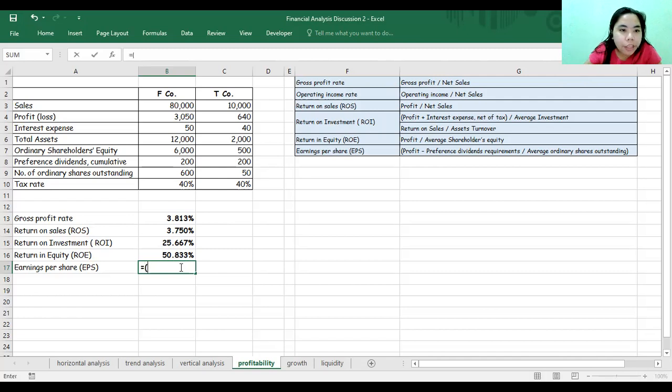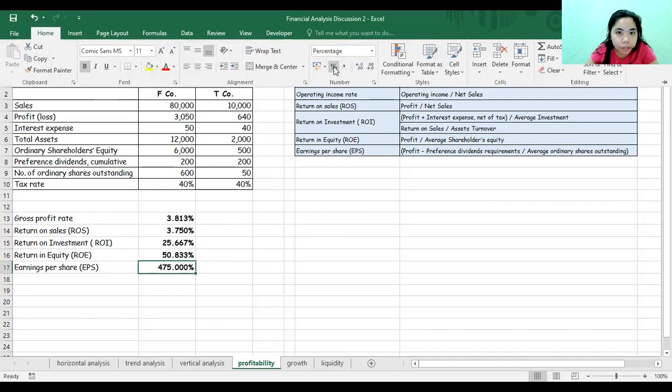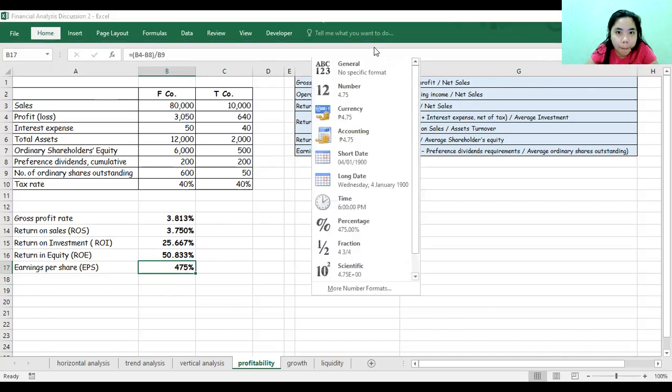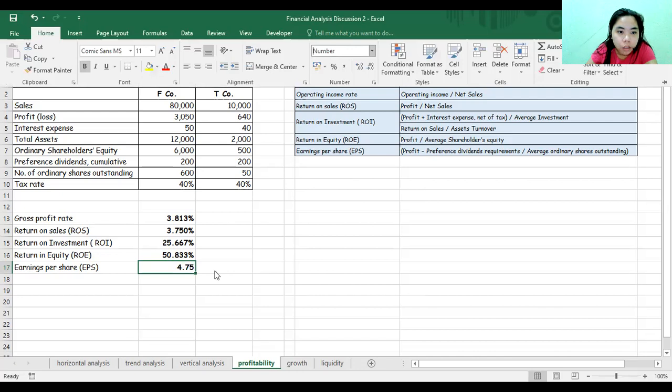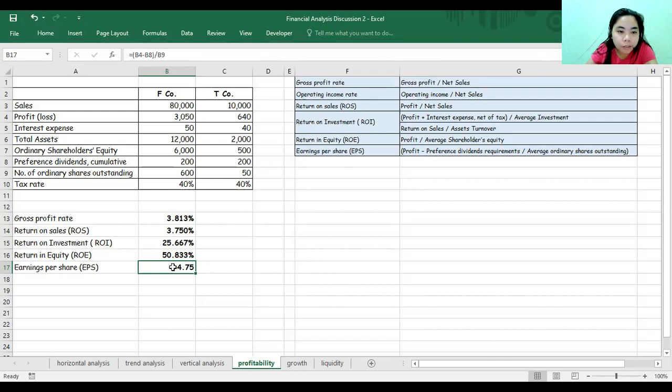The dividend is given, and the average ordinary shares is also given. We will not present this in a percentage since we are calculating earnings per share. So it's 4.75 pesos earnings per share.